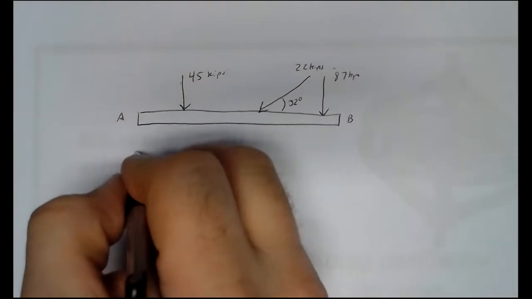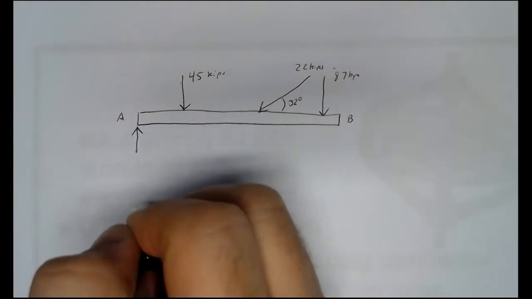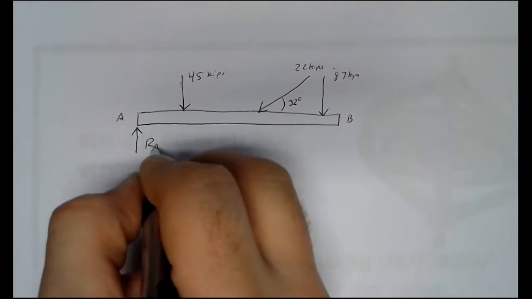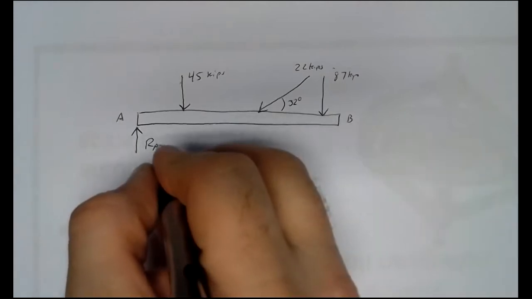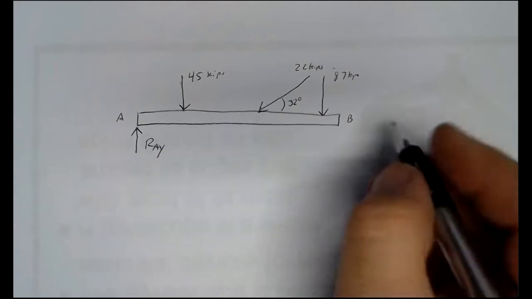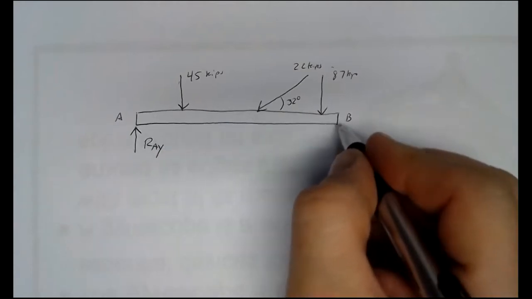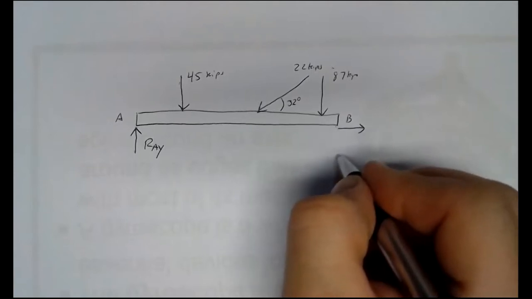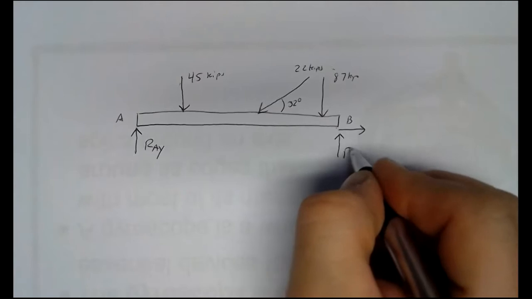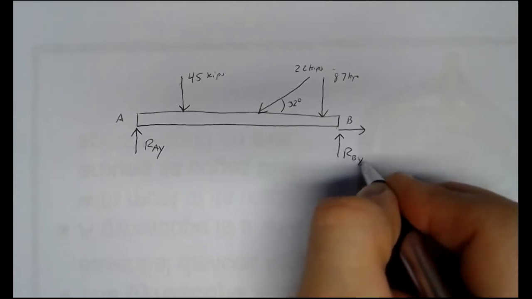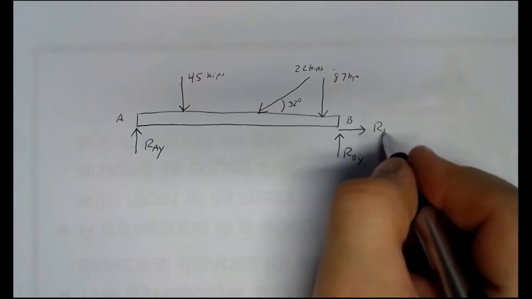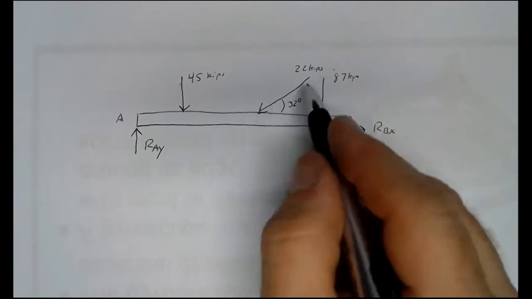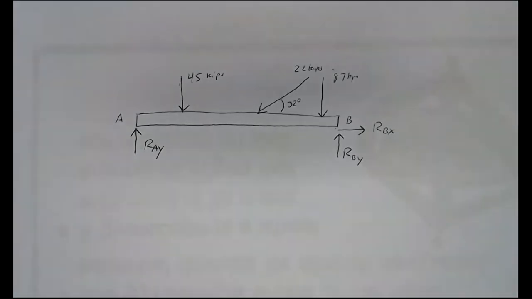A was a roller support, and rollers only exert a force perpendicular to the surface they sit on. So this would be RA, and it would be RAY because it's in the Y direction. At B, we've got a pinned support, and pinned supports can react in two directions. We have RBY and RBX. Don't forget about RBX. We have a side load here. We have something at an angle, so there's definitely going to be something for RBX to work against.